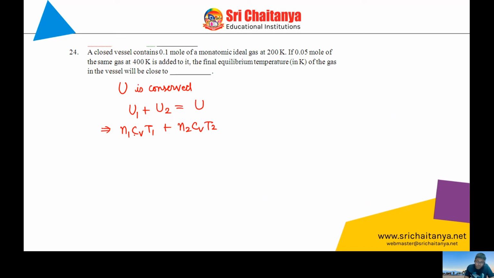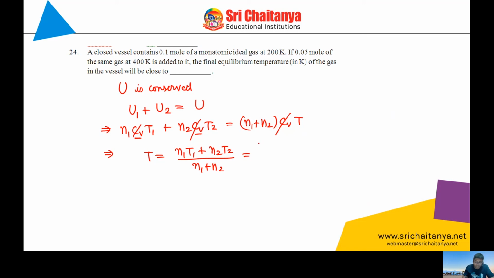Since both the gases are the same, I have taken the same value of Cv in both cases, and when they are mixed, the combined number of moles will be simply n1 plus n2, and their Cv will be simply Cv, and the equilibrium temperature, let's say, is T, and Cv obviously will get cancelled. So obviously the equilibrium temperature will have the expression n1 T1 plus n2 T2 upon n1 plus n2 here. And now let's substitute the values.